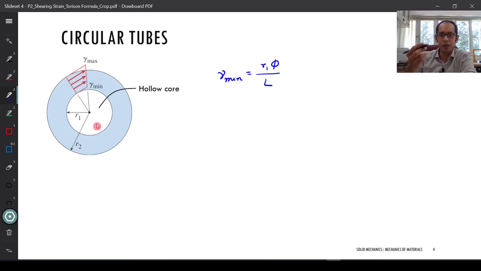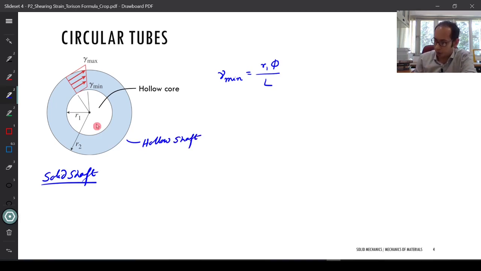Just for your aid, if you have gone and grabbed your notebook and a pen, let me write the expressions which we just derived on the previous page, the general expression for the solid shaft. This is the hollow shaft or hollow tube.